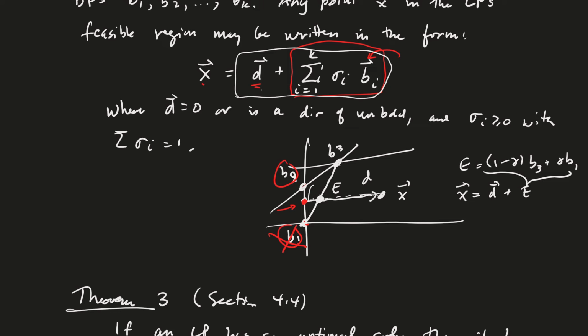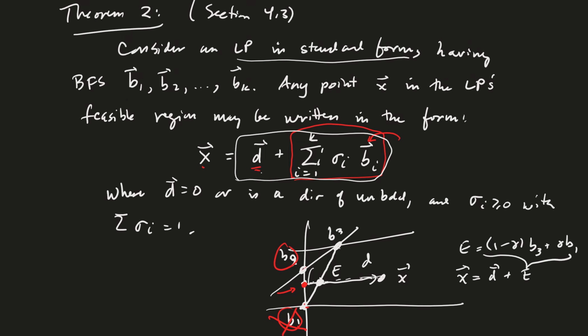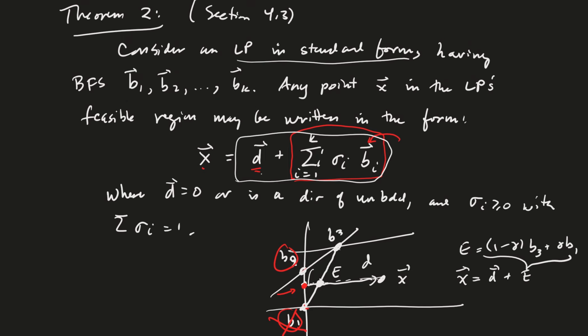Very good. All right, so that again is called the representation theorem. I guess I didn't put that label here. This is the representation theorem. And what we're representing is the feasible set for your LP.